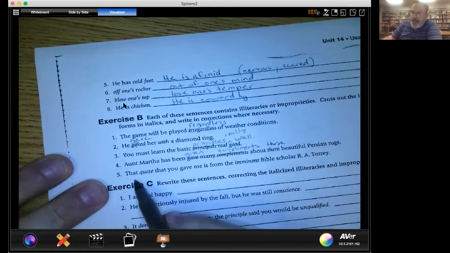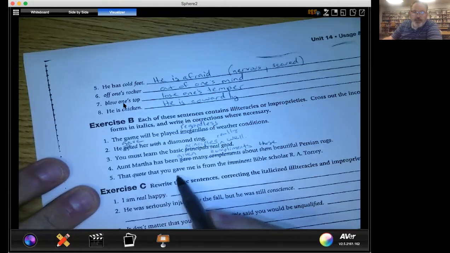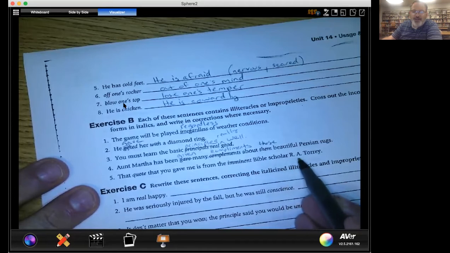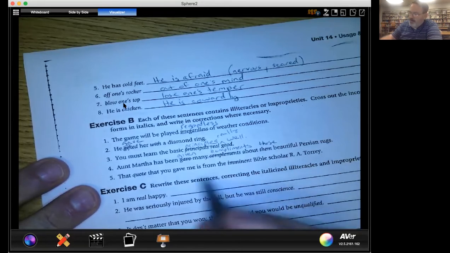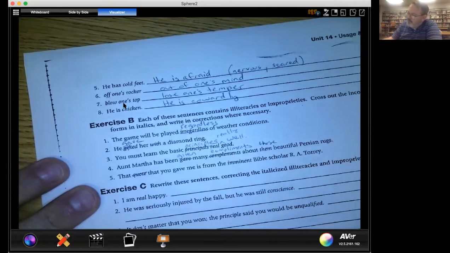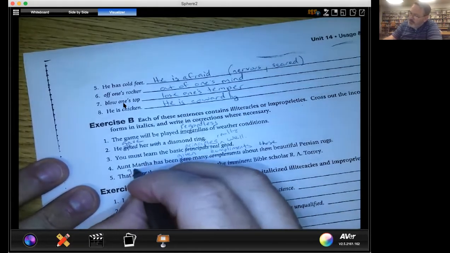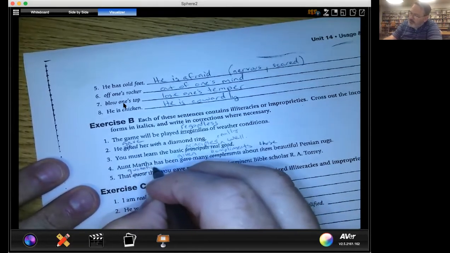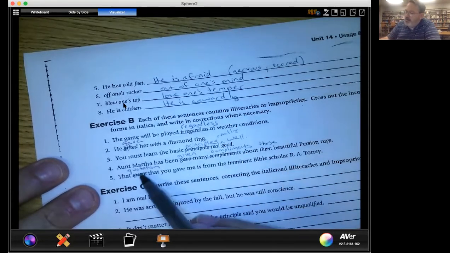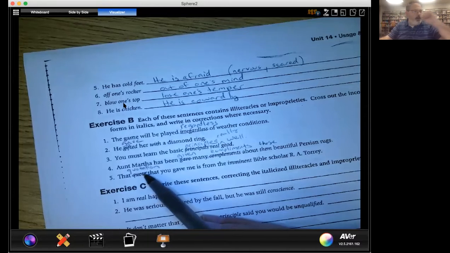And then that quote that you gave me is from the eminent Bible scholar R.A. Torrey. All right. Well, it says this one's wrong. That quote is an abbreviation, and so we want to say quotation. That would be an impropriety. It's not that it's not a correct word, it's improper use. You shouldn't abbreviate in formal English.